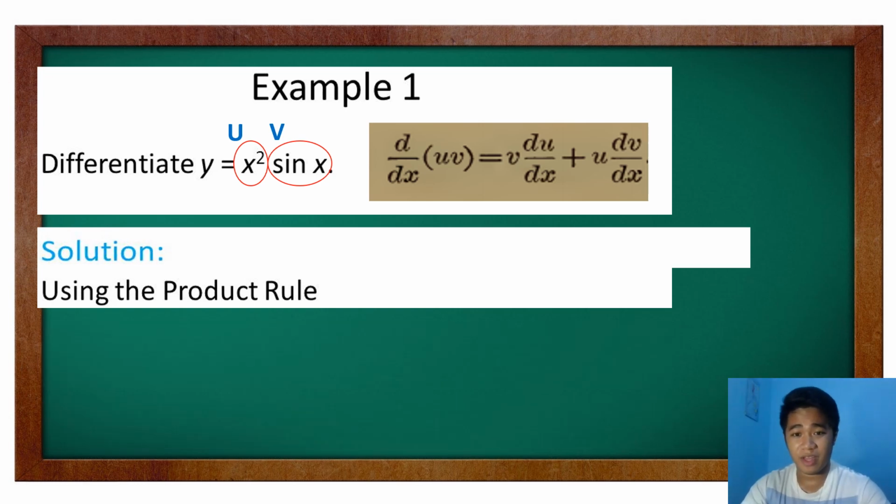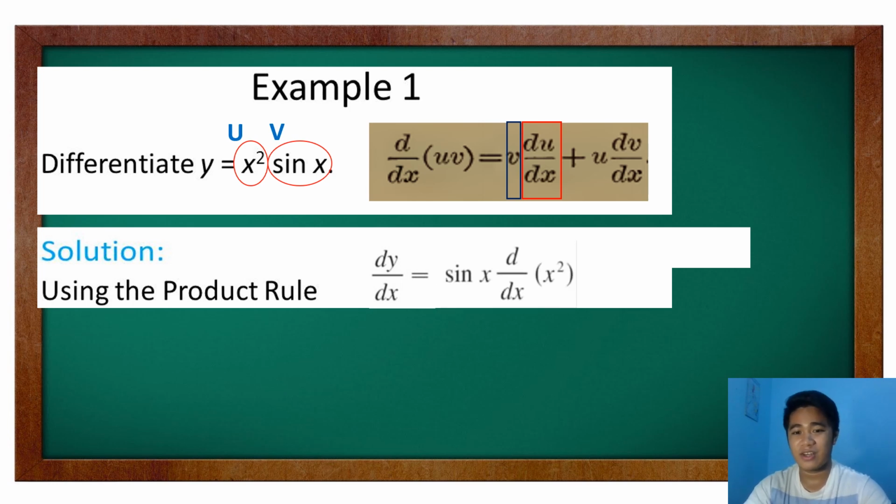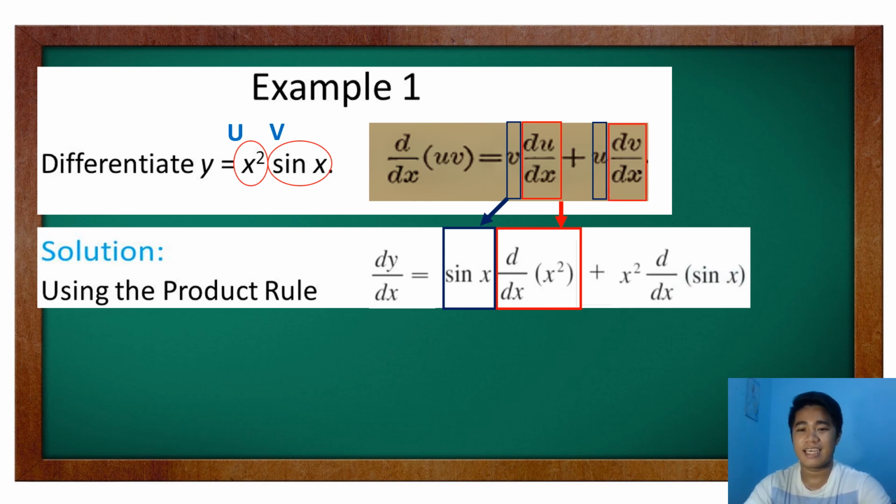So our solution there will be dy over dx equals v times du over dx from the formula, that is sine x times the differentiation of x squared, plus u times dv over dx, that is x squared times the differentiation of sine x.